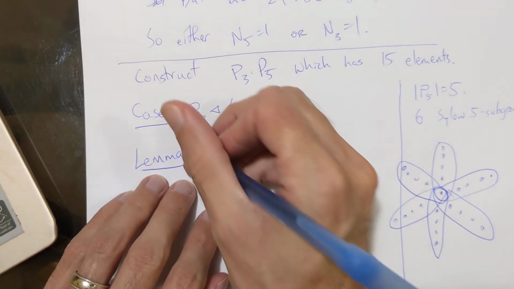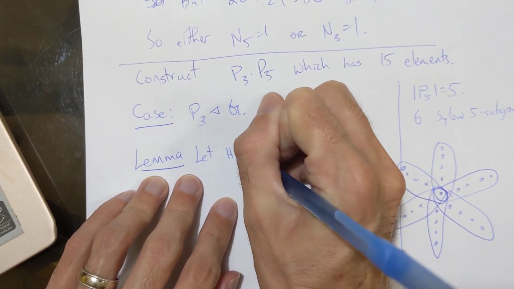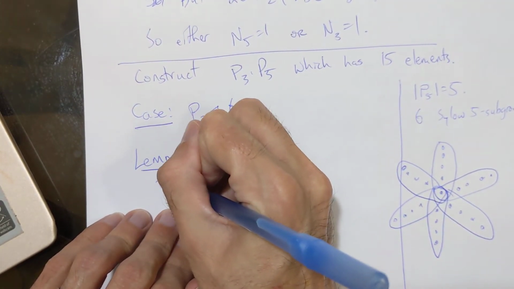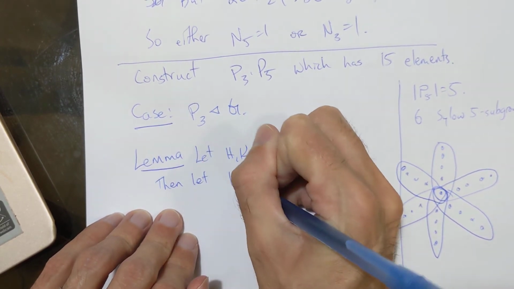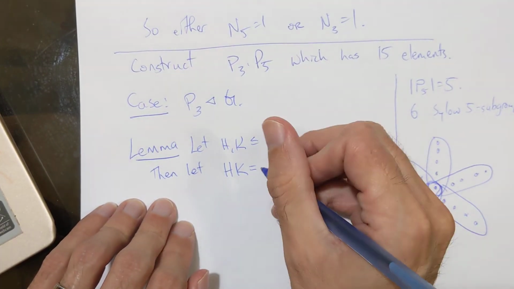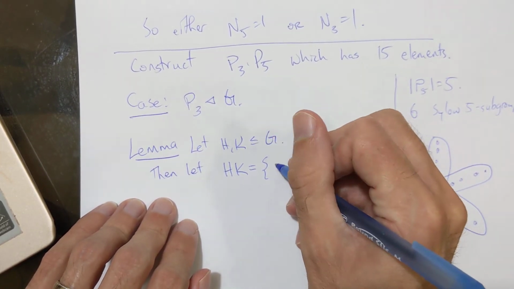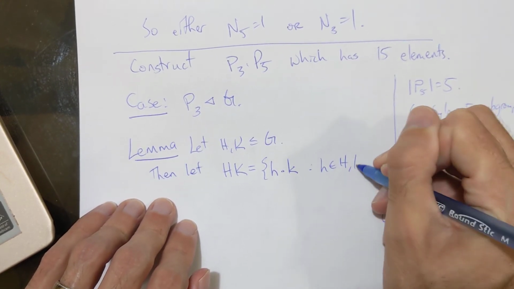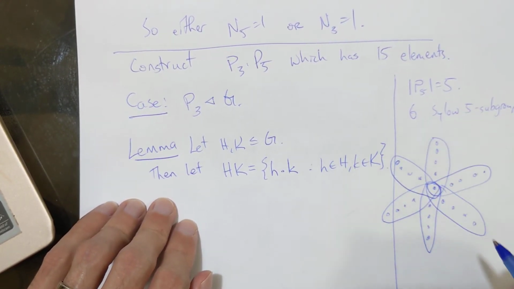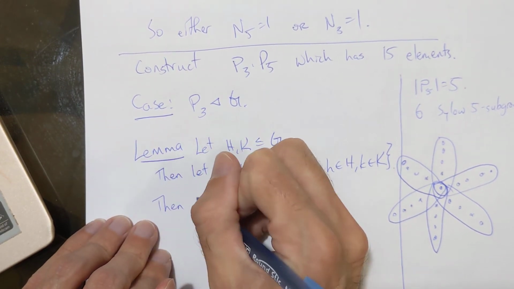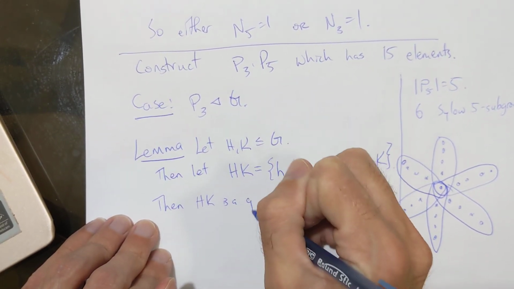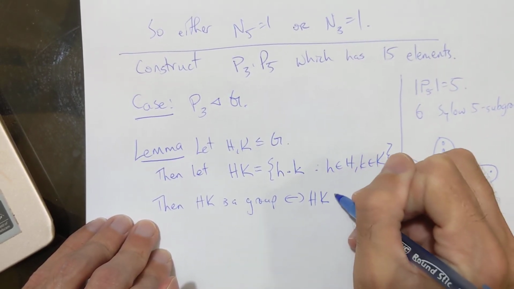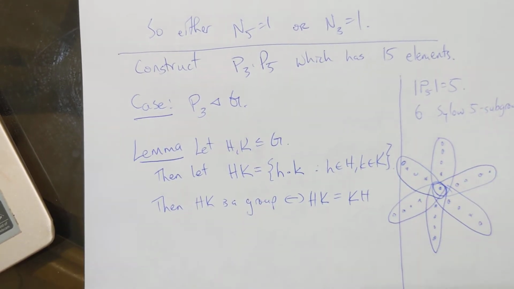So the first one is: let H and K be subgroups of a group G. Let HK just be what you would guess, which is the products h times k, where h is in H, k is in K. Then HK is a group if and only if HK and KH give the same products.